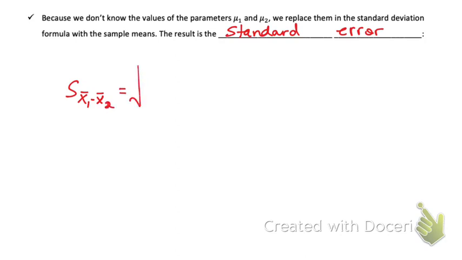It is the square root of. Now, I don't know the standard deviation of the actual population, so I'm going to have to use the standard deviation of the sample. And I'm going to square it, and then the sample size. And then I'm going to use the standard deviation of the second sample, square it, and then the sample size. That's the standard error.